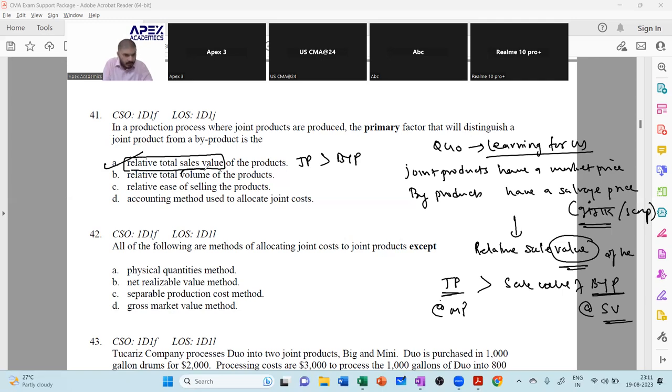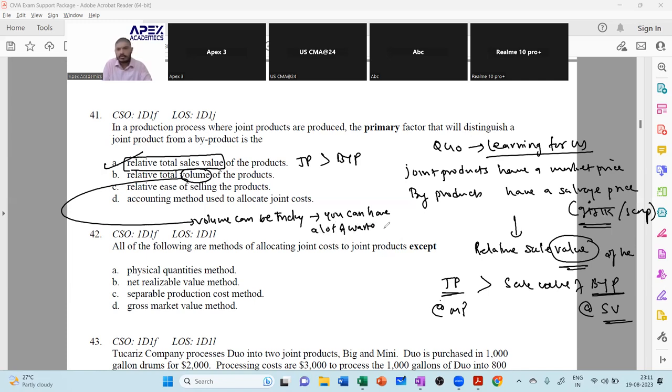Why not volume? See, volume can be tricky. You can have a lot of waste while making one finished good.